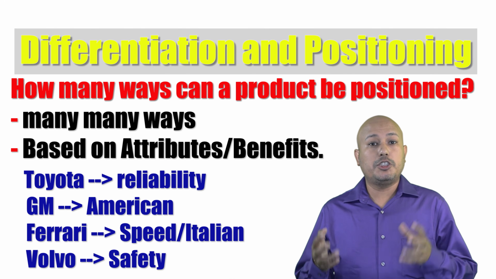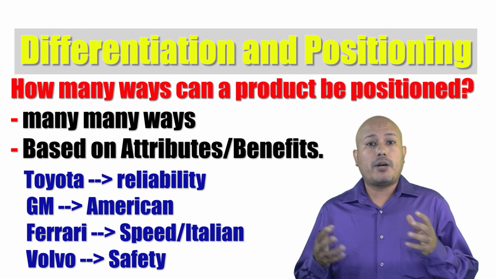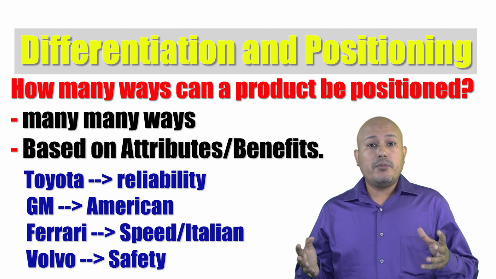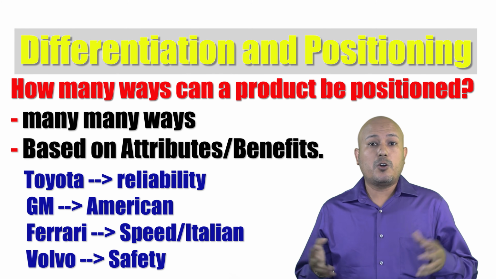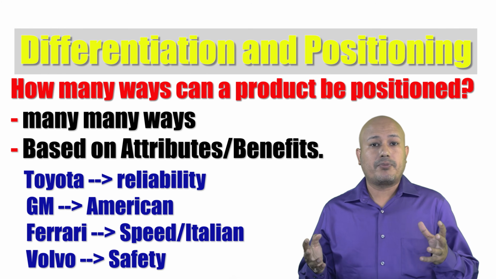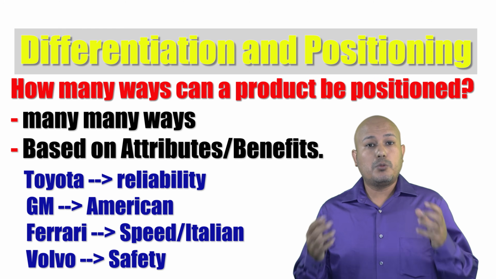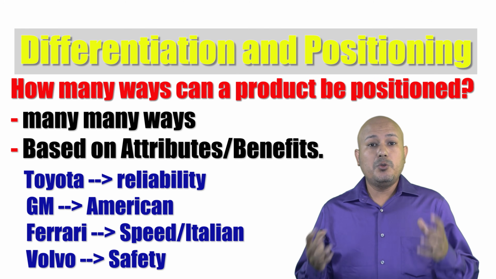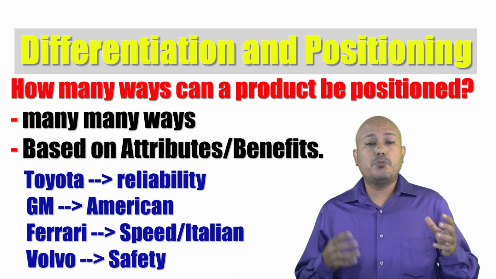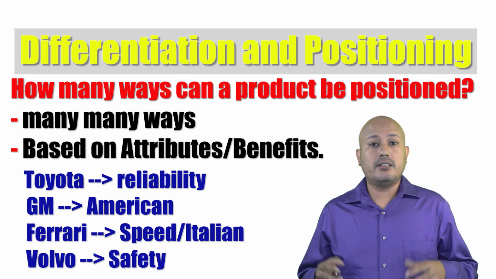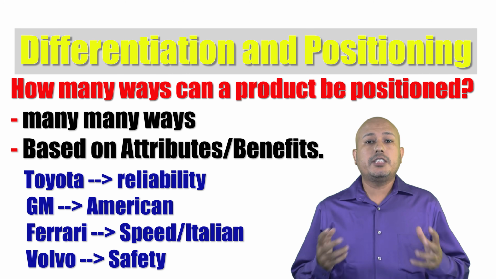Ford occupies a position of American. Porsche occupies a position of performance, whereas Volvo, we all know, occupies a position of safety, right? So we can use different attributes as a way to position the product differently in the market.